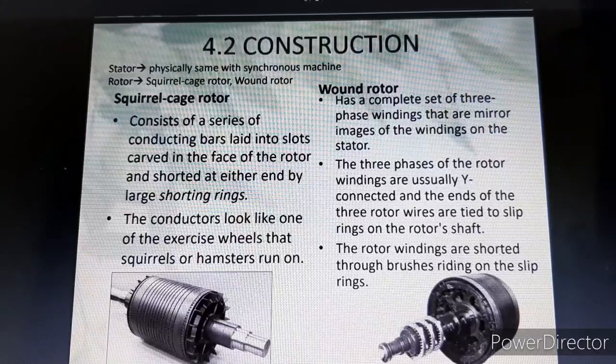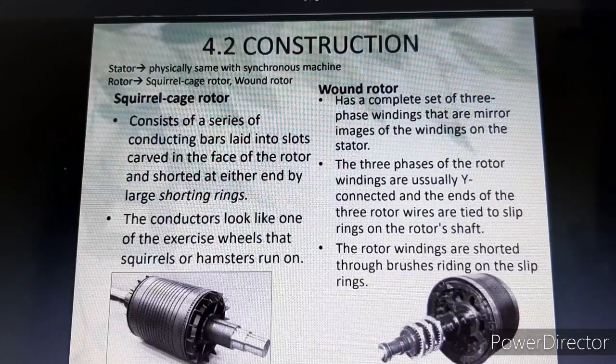For induction motor, we have two types of rotor. As you can see from the figure, they differ in terms of how they are constructed. The first type is squirrel cage rotor, and number 2 is wound rotor.